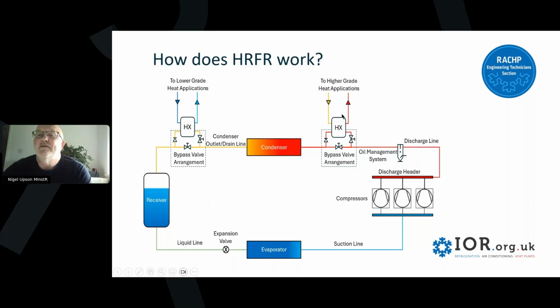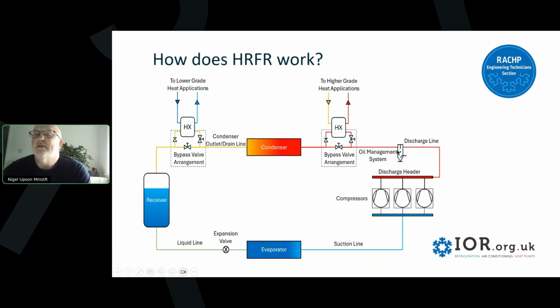Heat recovery is achieved by intercepting that hot gas before it gets to the condenser to transfer the heat out of the gas into whatever medium you want to transfer it into, usually water, but also sometimes glycol.